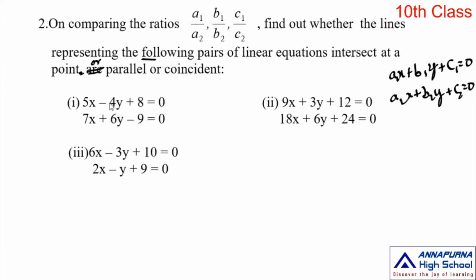Okay, so the two equations in the first pair are in standard form, a1x plus b1y plus c1 is equal to 0 and a2x plus b2y plus c2 is equal to 0.